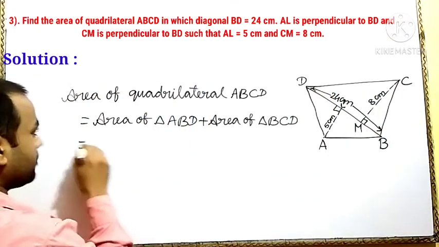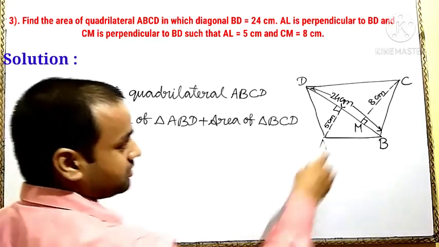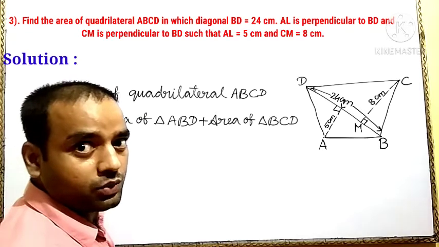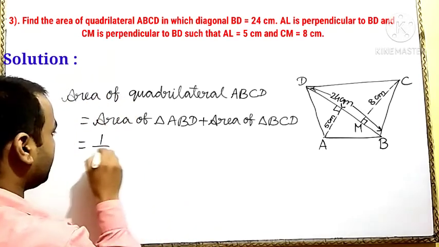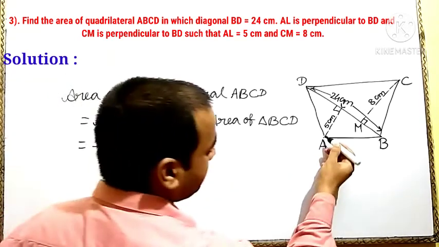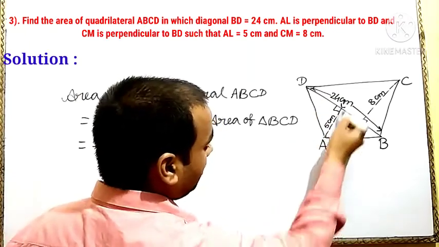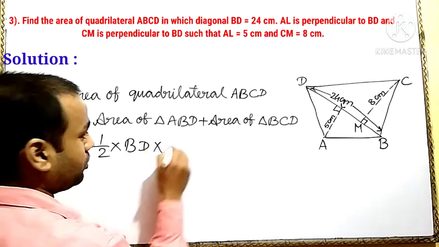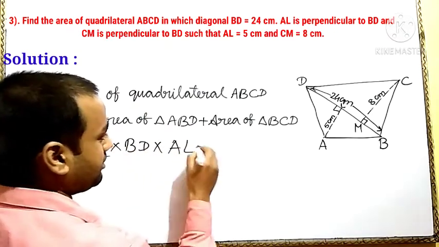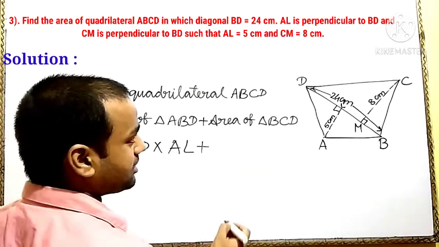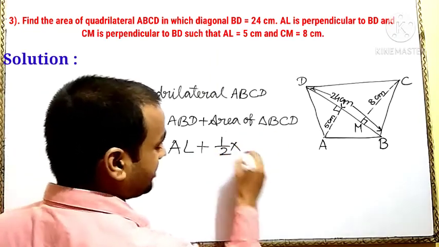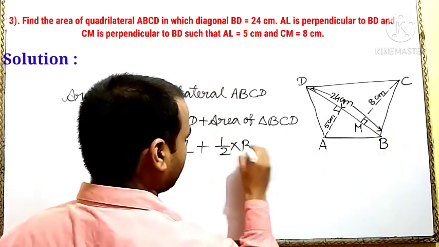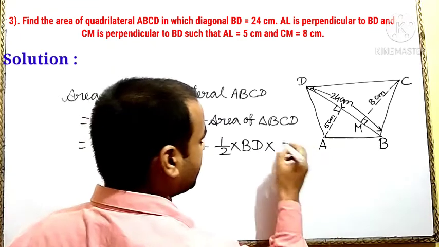Is it clear? We know that with respect to height, the area of triangle ABD is half into base into height. The height is drawn on side BD, so the base will be BD into AL, the height, plus area of triangle BCD, half into base, with height drawn on side BD, we take BD into height CM.